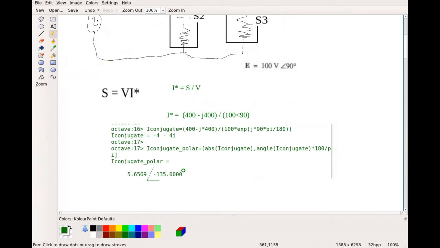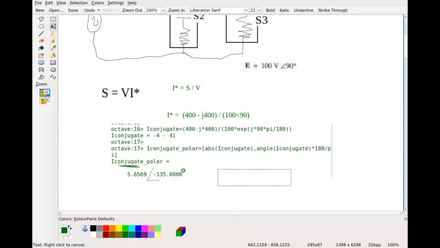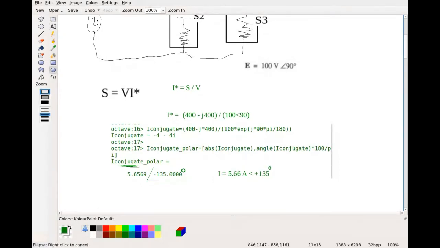Okay, but now remember, this is the conjugate. So I wrote that out there so we could see, right? This is the complex conjugate. So what is my current? Well, the current I becomes 5.66 amperes at an angle of positive 135 degrees. Okay.